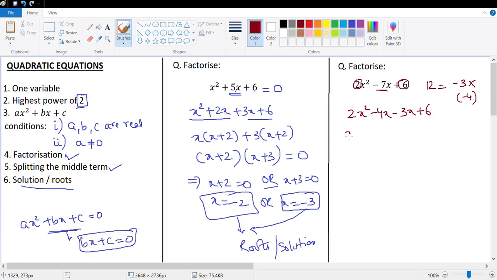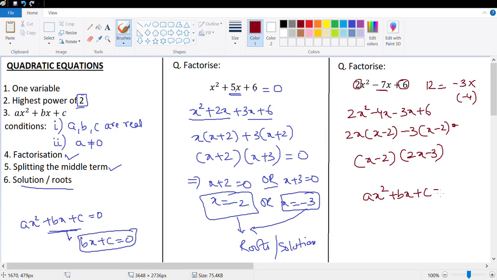That's 2x times x minus 2 minus 3 times x minus 2, which means x minus 2 and 2x minus 3. Done. So quickly revising what we've done, the standard form of a quadratic equation is ax squared plus bx plus c is equal to 0. A, b, c belong to real numbers and a is not equal to 0.